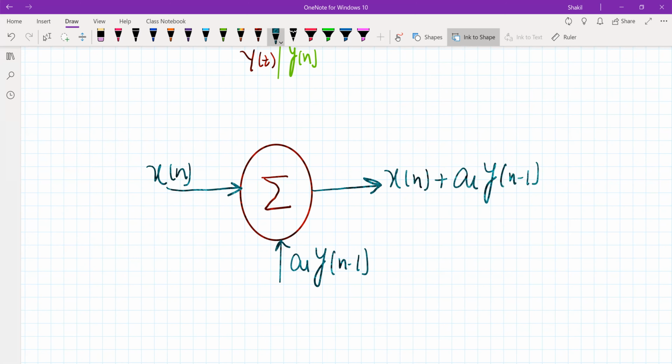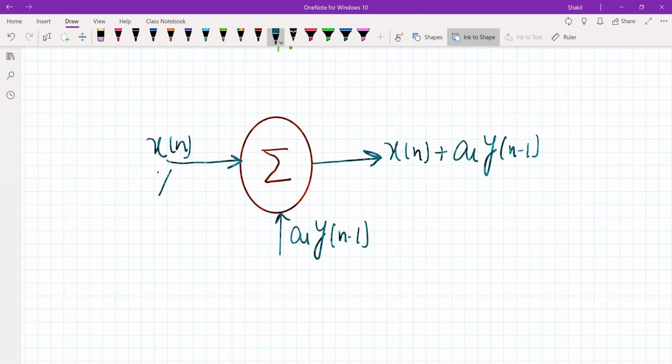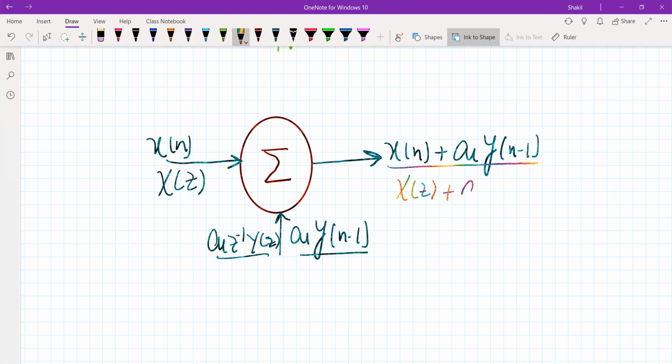And in frequency domain, I can write the same thing like this, X of z, a1 z inverse Y of z, because I know that z transform of this is this. So we can write the same output in frequency domain as X of z plus a1 z inverse Y of z. So this is the output in time domain. This is the same output in frequency domain.